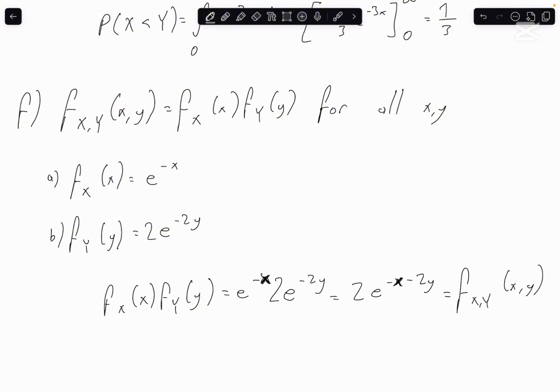Since the product of the marginals equals the joint PDF everywhere, we conclude x and y are independent.